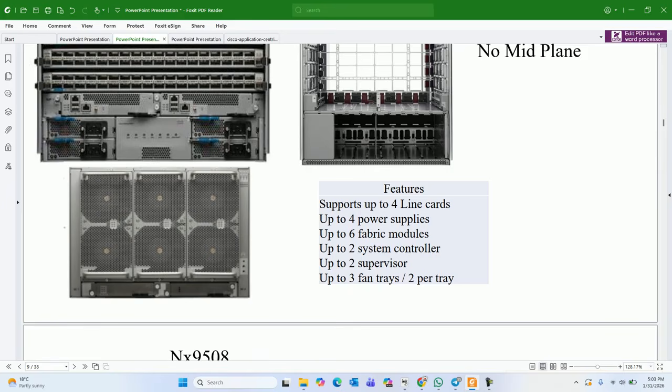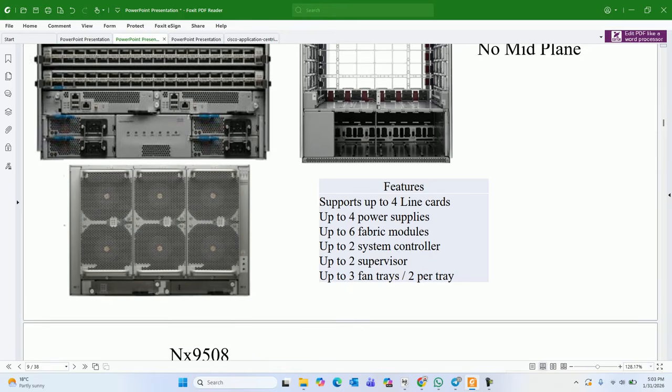So in this case we have a total of 6 fans, 1, 2, 3, 4, 5, 6, for cooling purposes. But the fans are not enough. Along with the fans, we also have the cooling system. The switches are placed in a very cool environment, so you have air conditioning rooms and all for the cooling.